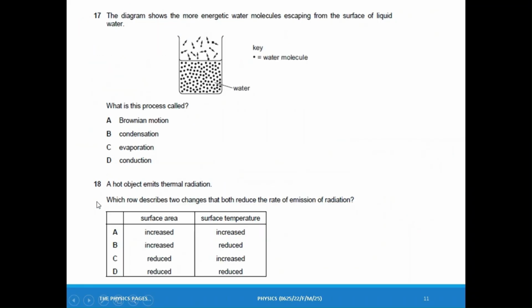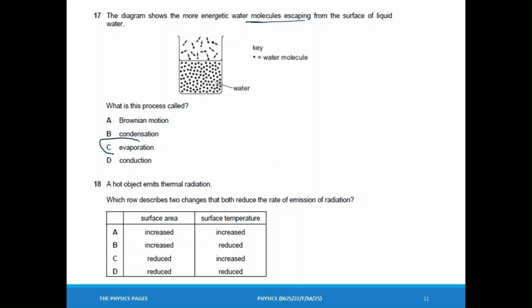Yes. 17 is a diagram in which water molecules are escaping. So whenever we heat up any liquid, the molecules' internal energy increases, and the molecules on the surface that have very high energy can escape, and this process is called evaporation.